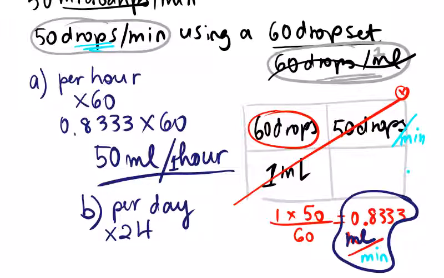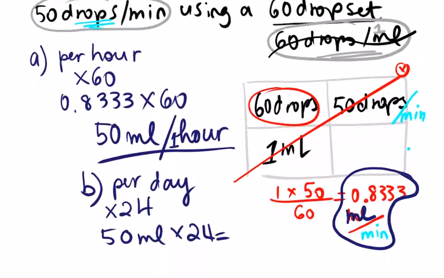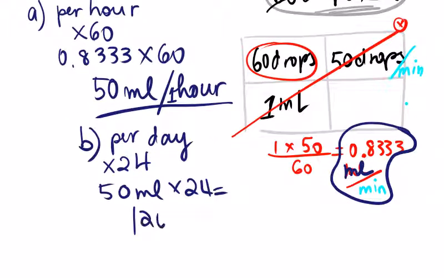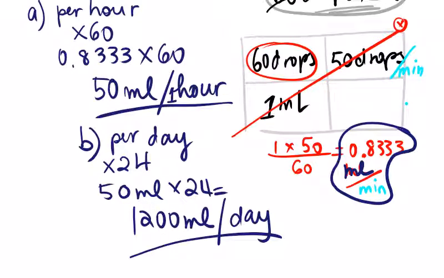So all we need to do is multiply our 50 mils by 24. And once we do that, we get 1200 mils per day, because we were talking about 24 hours.